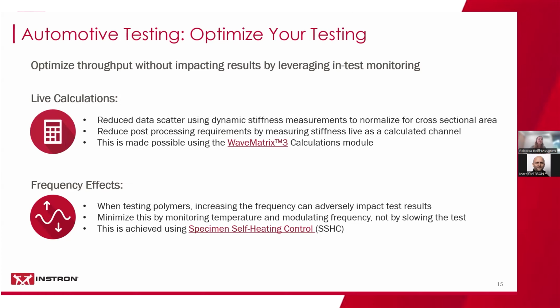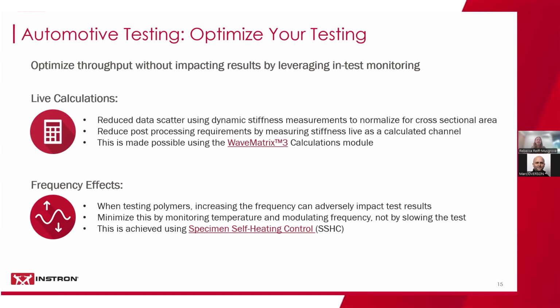One way that we were able to normalize and reduce that scatter was utilizing the dynamic stiffness measurements that we had throughout the test, so that we could normalize the results for their actual cross-sectional area rather than the measured cross-sectional area. So that's just one example of how live calculations can reduce the post-processing requirements by having these calculated channels that are recorded during the test.